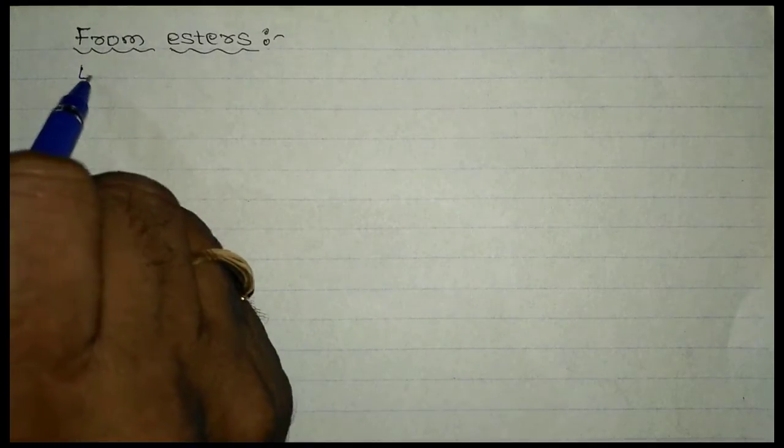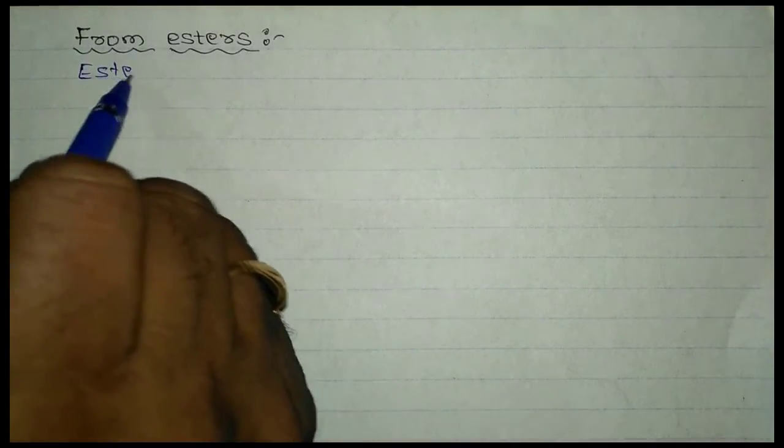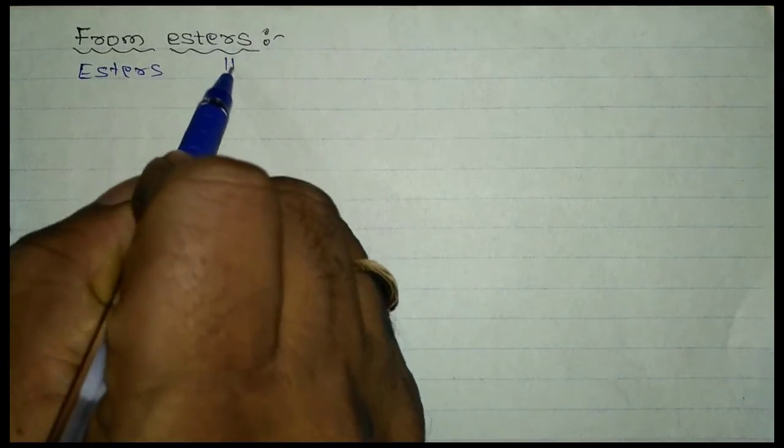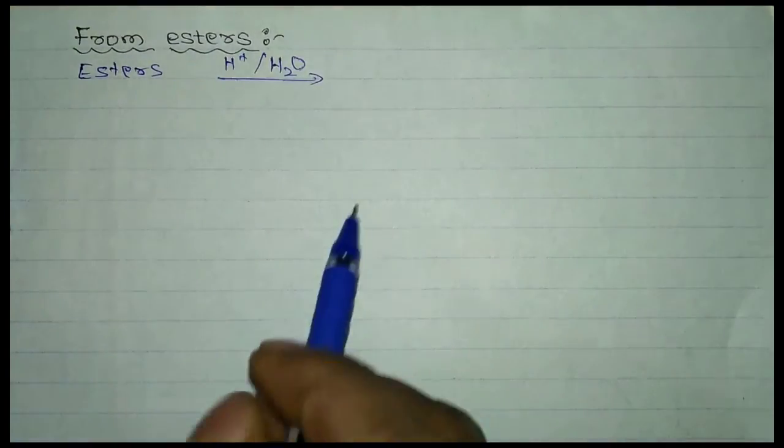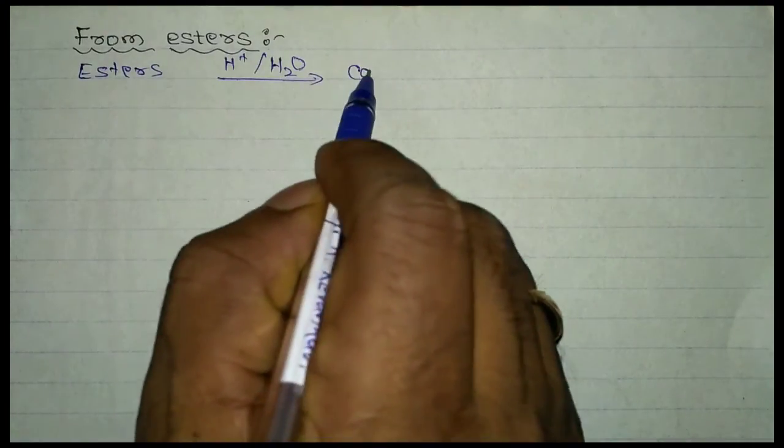Preparation of carboxylic acids from esters. When esters are hydrolyzed in the presence of acid, you are going to get carboxylic acid.